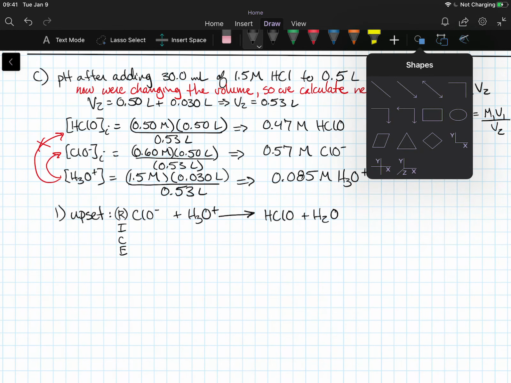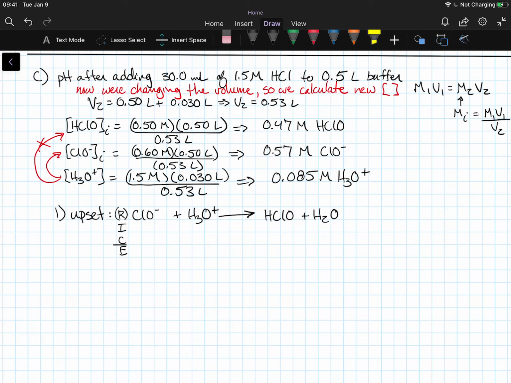So we'll set up another RICE table here. And again, we know these initial concentrations, we just calculated that, so the ClO minus is 0.57, H3O plus was 0.085, and the HClO was 0.47, and water doesn't matter. Now again, because the strong component H3O plus is going to force this to go to the right completely, we know what the change is for the upset part.